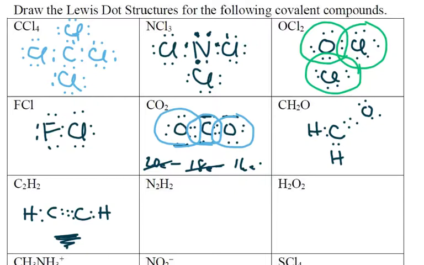Okay, nitrogen and hydrogen. What happens here is nitrogen has 5 valence electrons, and so does the other nitrogen. Hydrogen, again, let's make it symmetrical. Let's put one on each side, and we know we need a pair of electrons there.